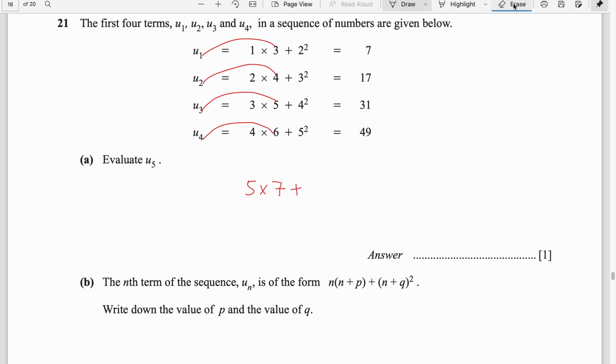Now by comparison with the term number, 1, 2, 2, 3, 3, 4, it is 1 more than that. So 5, this is 6. 7 times 5 is 35, 6 times 6 is 36, 36 and 35 is 71. So this is 71.